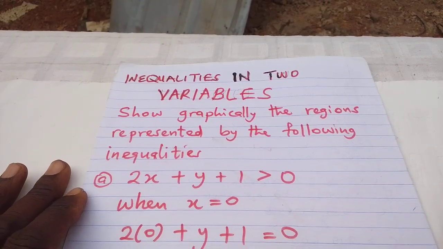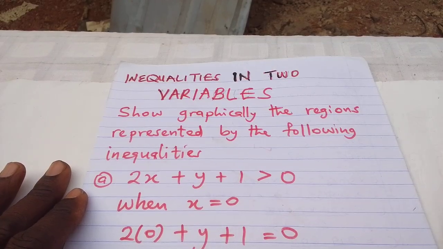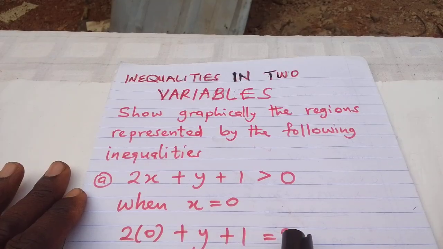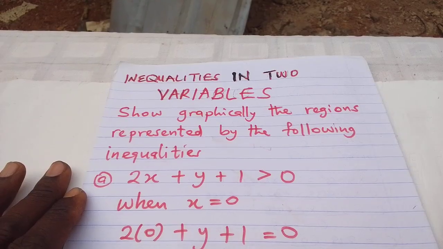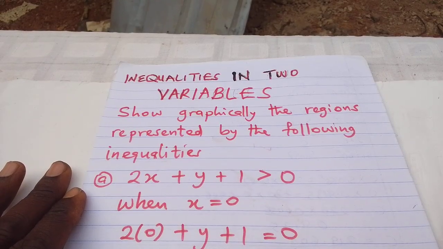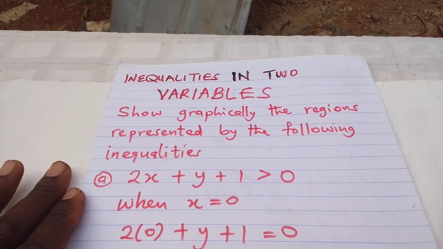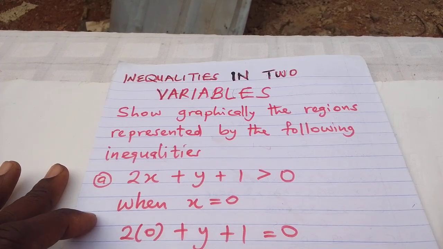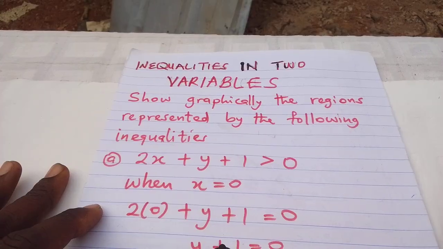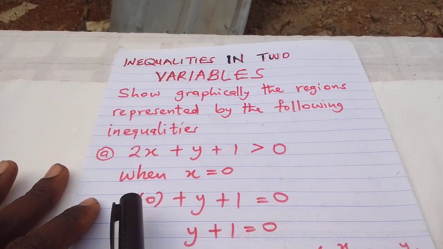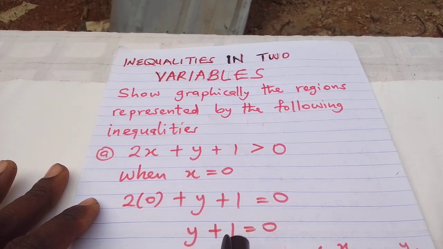Substitute 0 for x: 2(0) + y + 1 = 0. What we are trying to do here is look for the coordinates of the point we have to plot. 2 times 0 is 0, so that gives us y + 1.